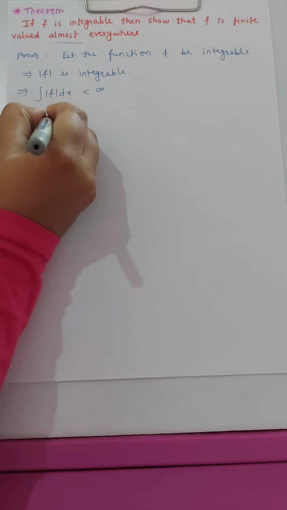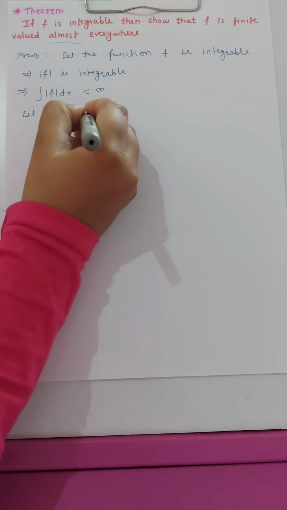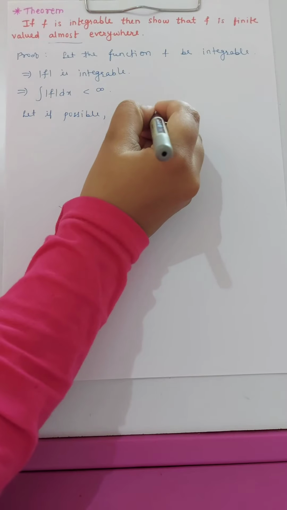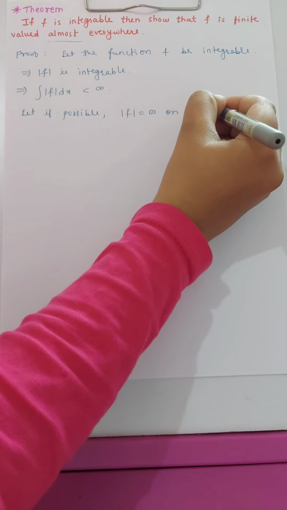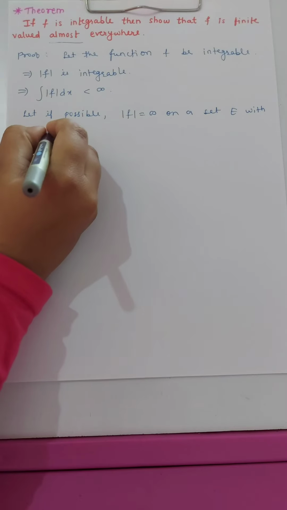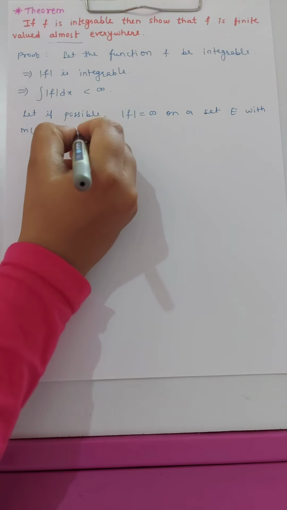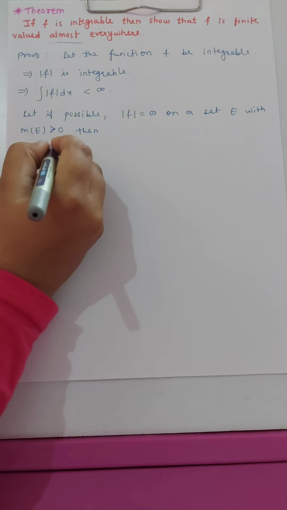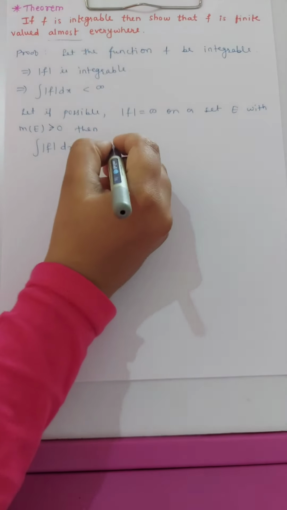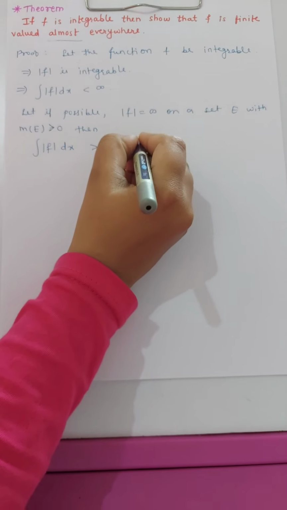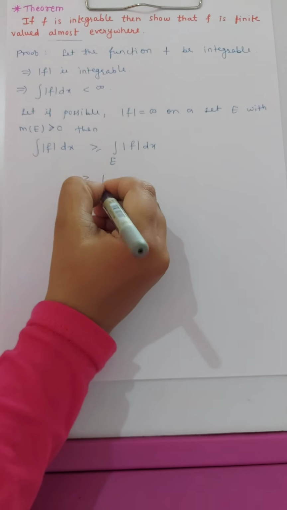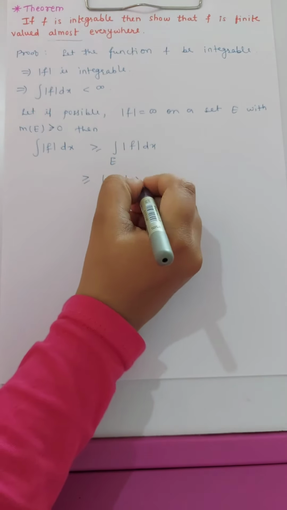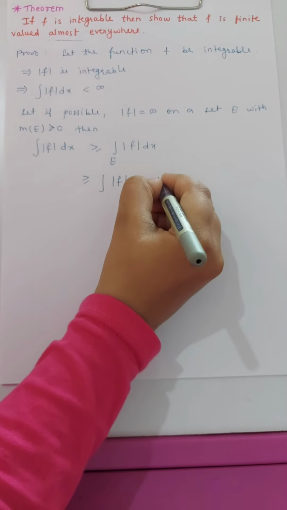So let, if possible, mod f be equal to infinity on a set E with measure of E greater than 0, then we have the integration of mod of f dx greater than or equal to the integration of mod of f dx over the measurable set E. So which is greater than or equal to the integration of mod of f times the characteristic function of the measurable set E dx.